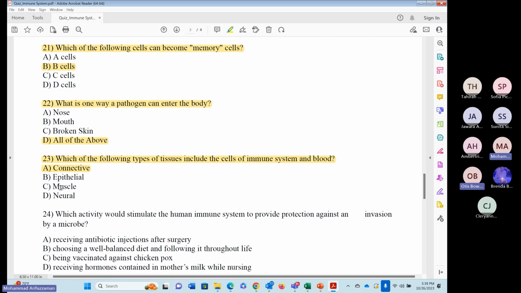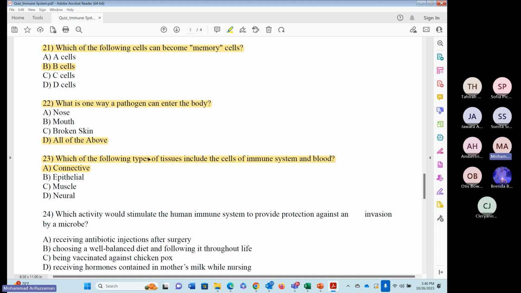Epithelial tissue forms the outer layer of the skin, the epidermis, and lines the stomach, small intestine, and blood vessels. Neural tissue is found in the brain and spinal cord. So the tissue that includes the cells of the immune system and blood is connective tissue.